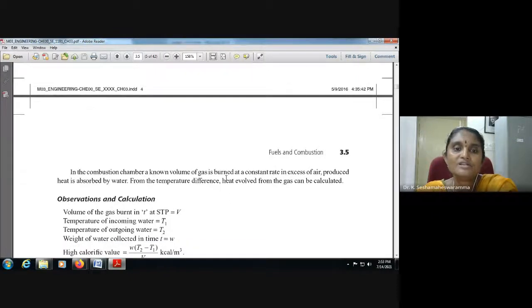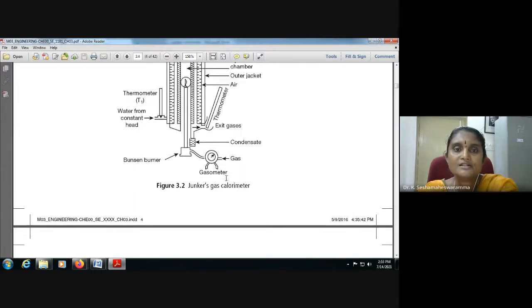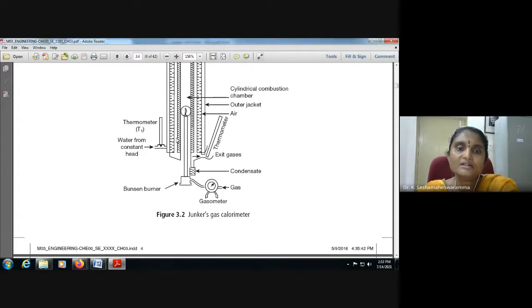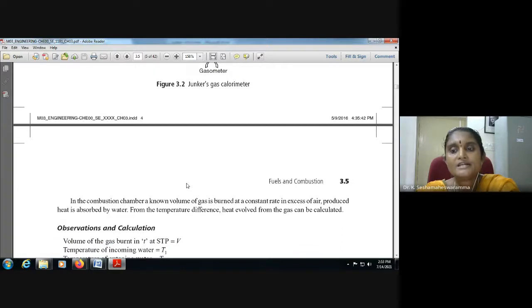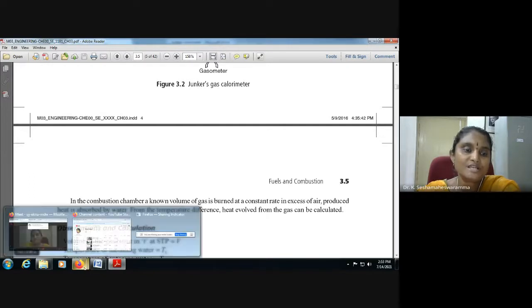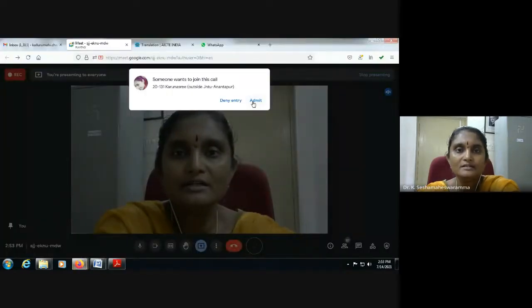So in the combustion chamber, a known volume of gas is burnt at a constant rate in excess of air. This is the combustion chamber. Whatever heat is produced is absorbed by water.